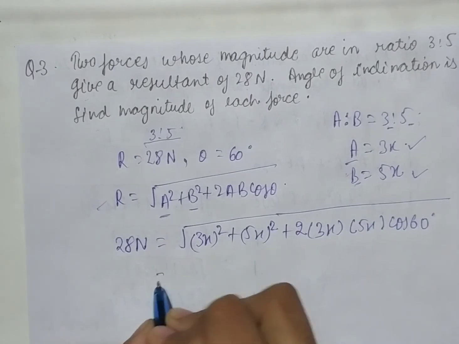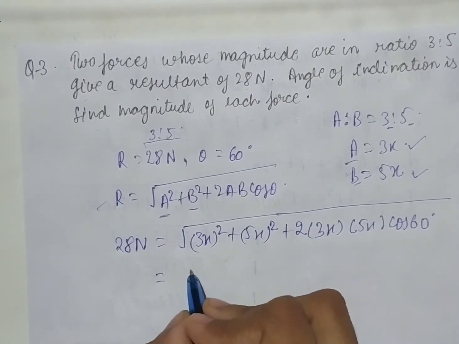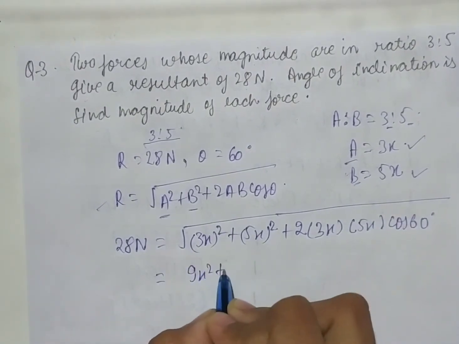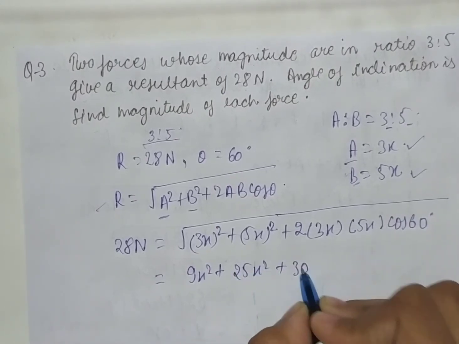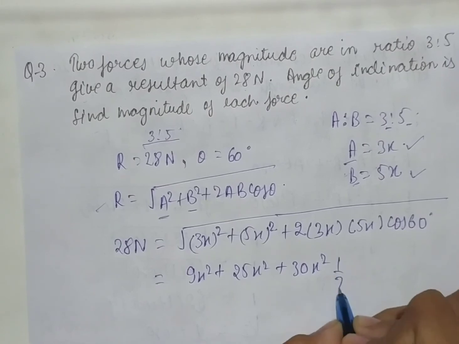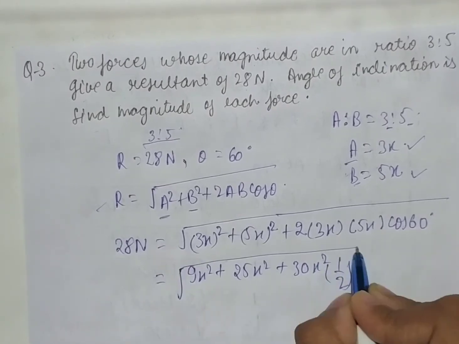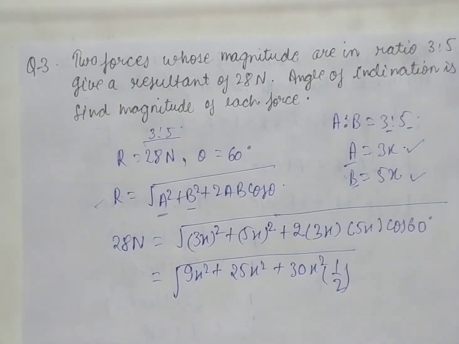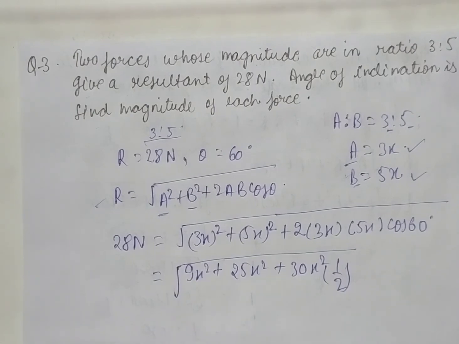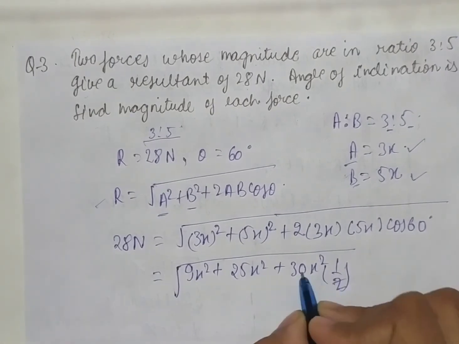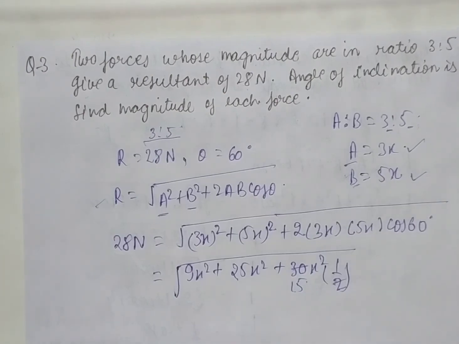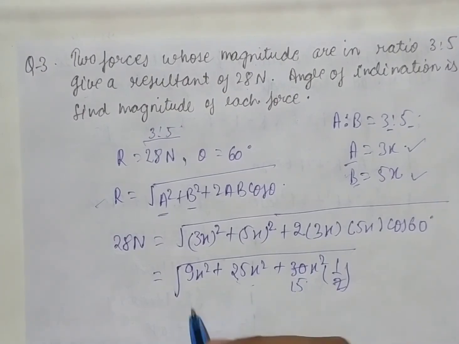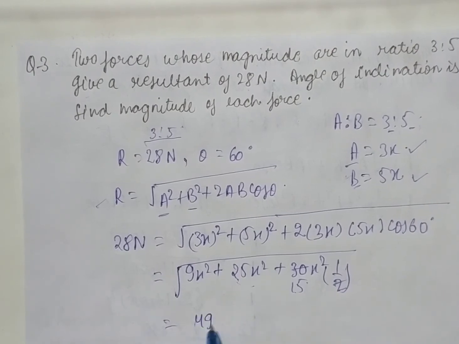After solving, we get 9x square plus 25x square plus 30x square times half. Let us solve a little more. We get 15, so 15 and 25 is 40, and 40 plus 9 is 49x square.